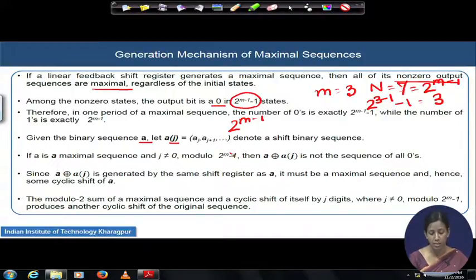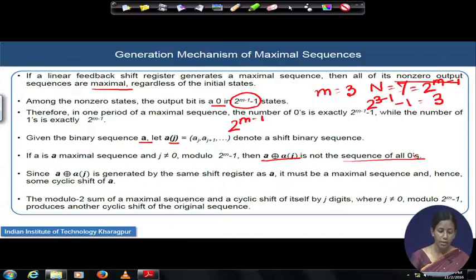If I do the XOR operation of A with AJ, then you can be sure that it won't be an all-0 sequence; you will get some sequence again.